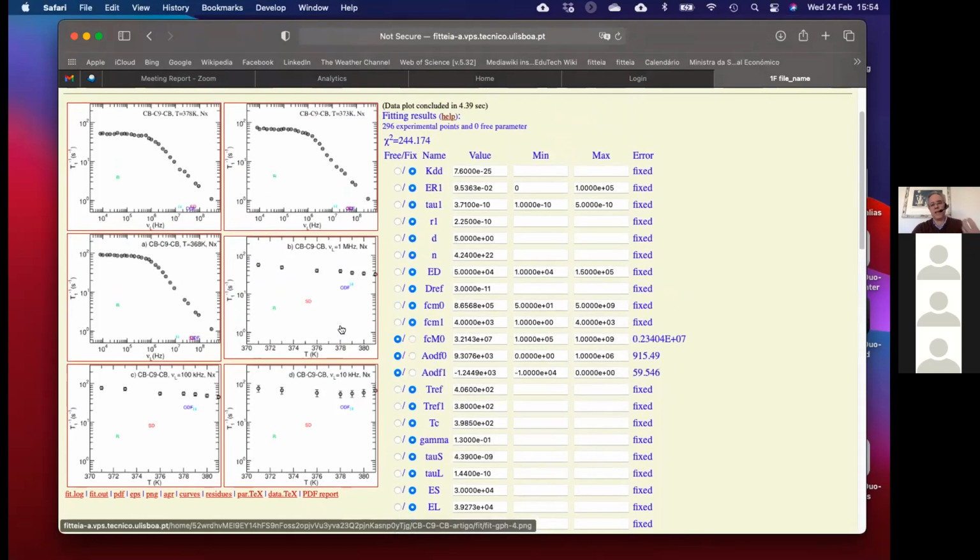So in this expert mode, it is possible to accommodate at the same time, in the same global minimization of the chi-square, a fit of a single model to all the data together. In order to do that, it's necessary to know how the fitting parameters will change, in this case, with temperature and frequency, if they do, or how they will behave.